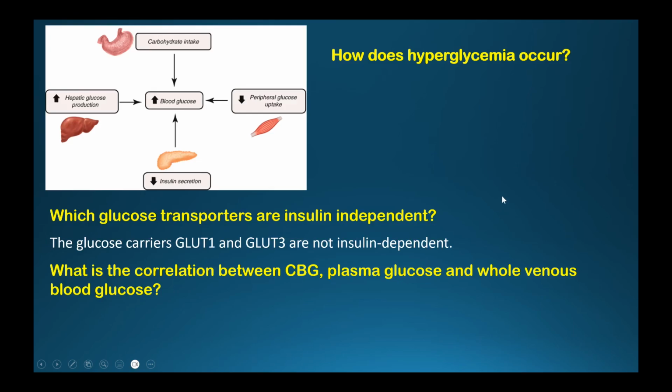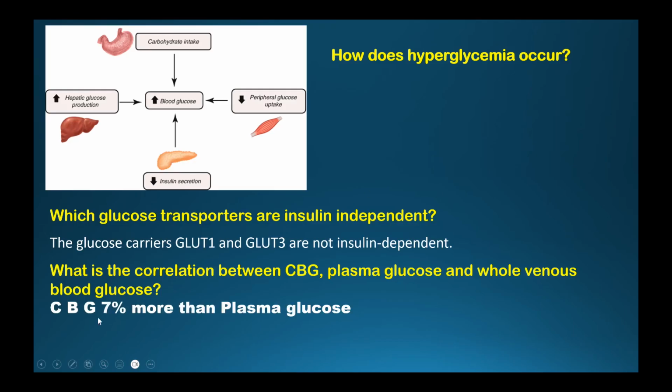So we should know whether the CBG is as accurate as measuring from a whole blood sample or a plasma sample. So what is the relationship between these three? Any idea?